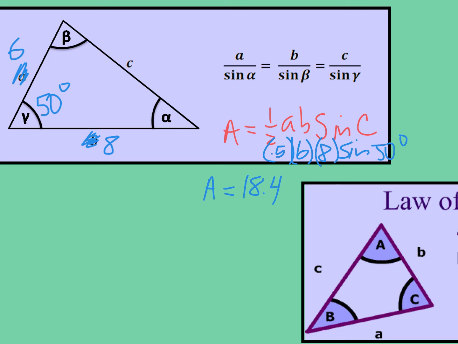All right, how about this? If I gave you the area, would you be able to work backwards and figure out one of the sides? So like if I didn't tell you that this was 8, if I just didn't say that, but I told you that the area was 18.4, do you think you'd be able to work backwards and figure out one of the sides?